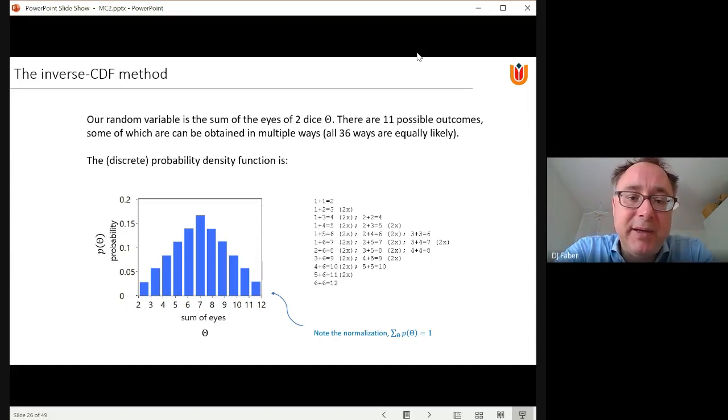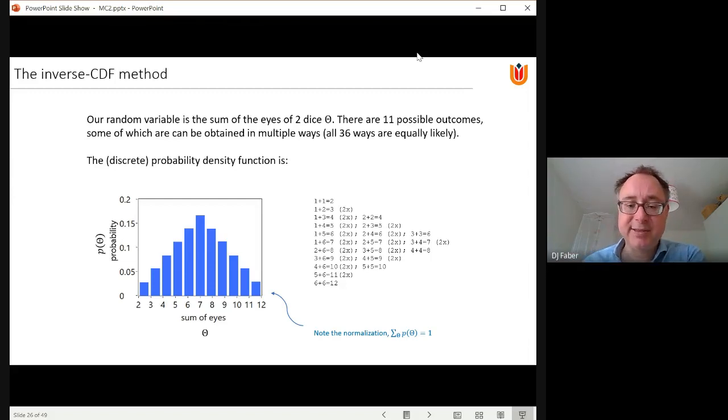Then there are 11 possible outcomes, ranging from 2 to 12 for the sum of these two eyes, which you can obtain in a multiple of ways. So in total there are 64 ways to get to a certain value of theta, a certain value of the sum, and each of them is equally likely, because again the throw of one dice has equal probability for all faces.